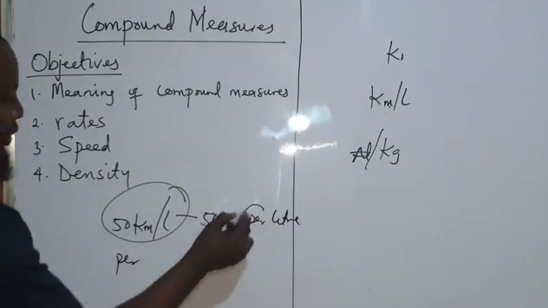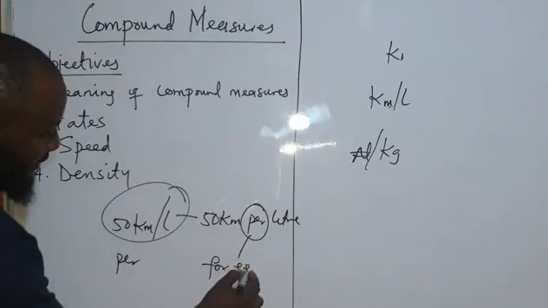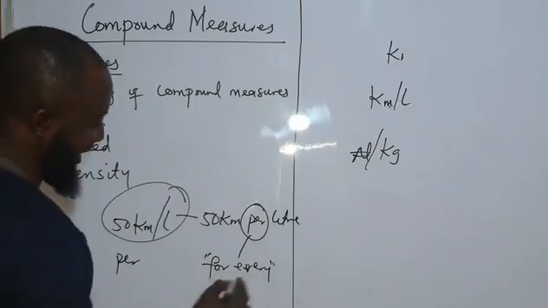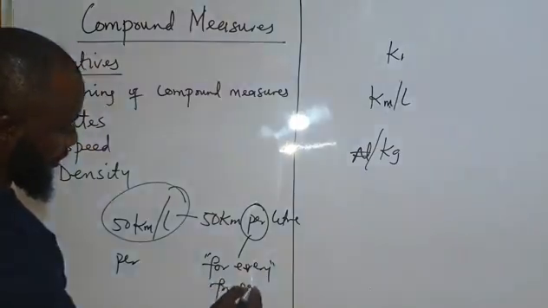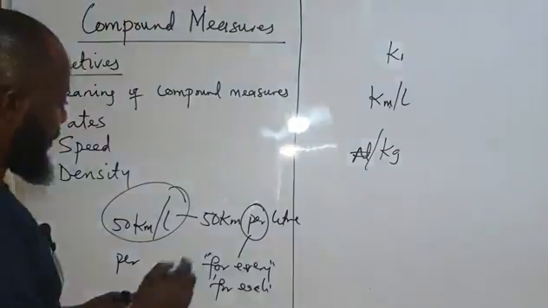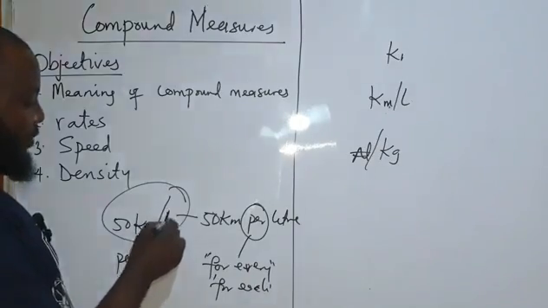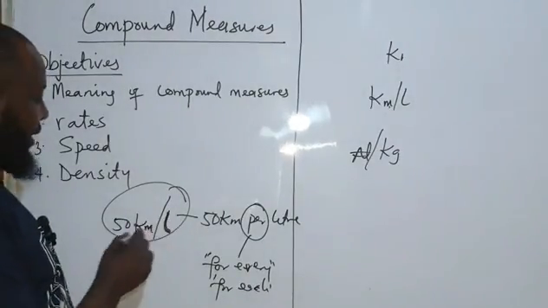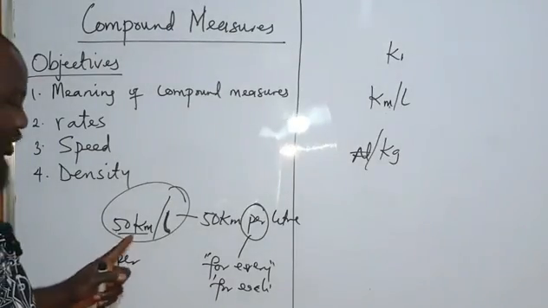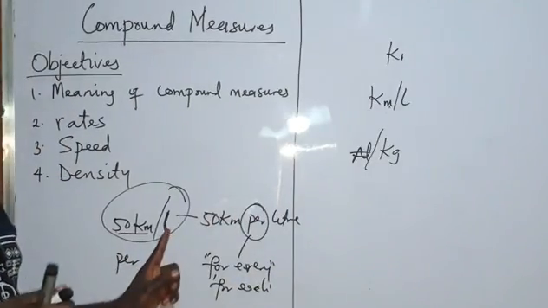The per we have there means for every, or we can have it for each. Either of the two is the same thing. So here we are saying that for every 1 liter, you use 1 liter to cover 50 kilometers. So 50 kilometers per liter, that is, you are going to move 50 kilometers with 1 liter.